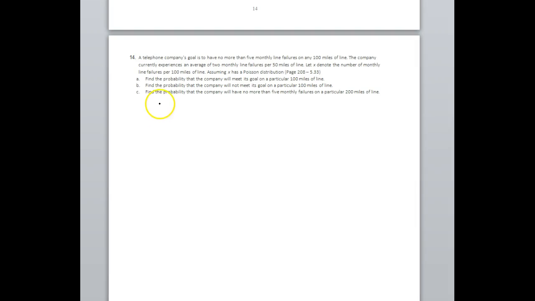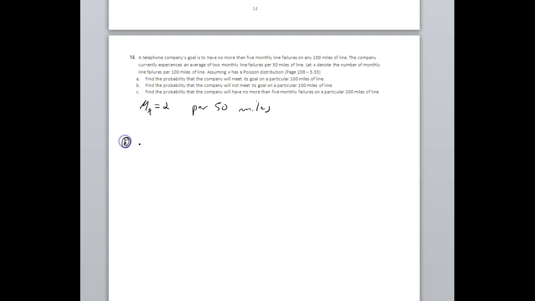So it looks like we have a mu of x equal to 2, but that's per 50 miles. Okay, so if we're looking at something that's not 50 miles, we have to actually move this mu accordingly.